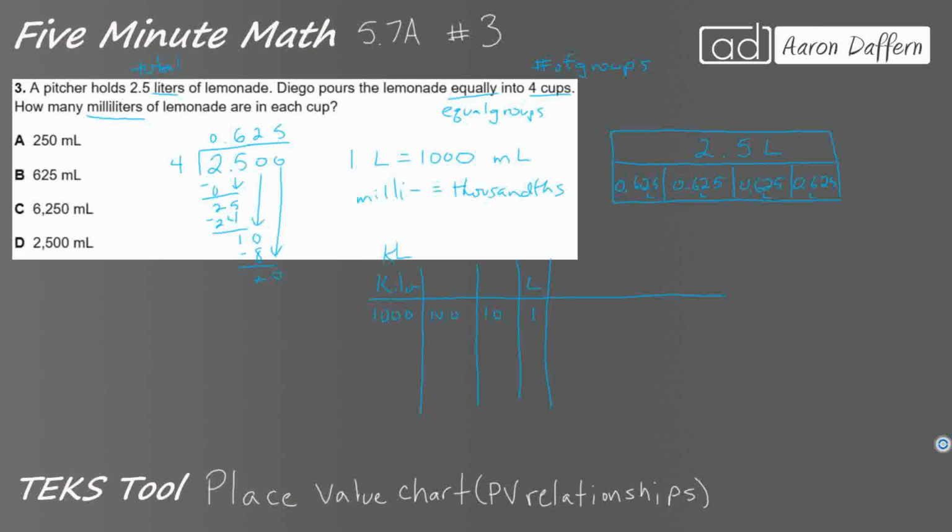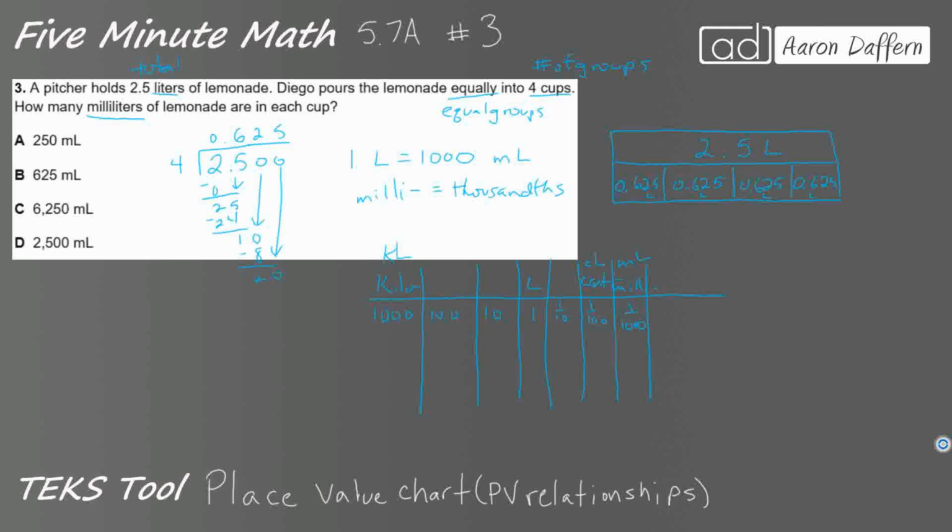So we need to go into this side over here. And so we have 1/10, we have 1/100, that's centi, or centiliter. And then finally we have our 1/1,000th, which is our milli, or milliliter. That's where we need to go.